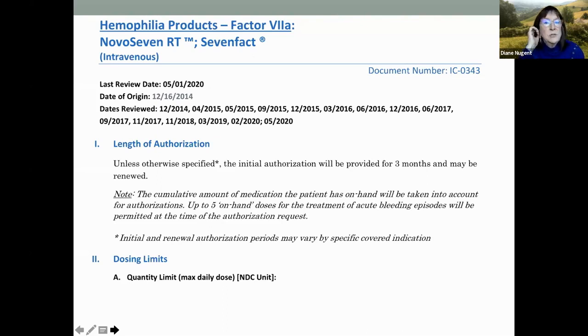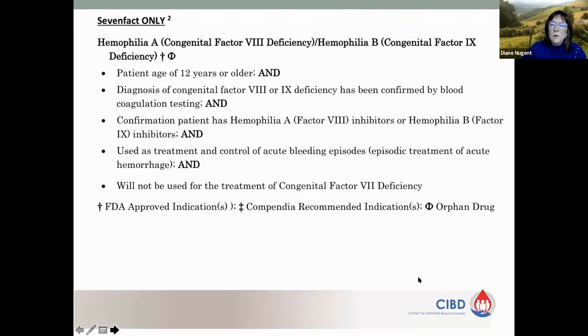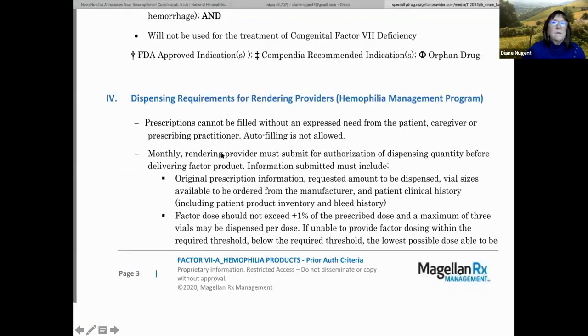This is actually taken from the authorization pages for 7-FACT, because as I said, it is available, it's FDA approved, but I'm going to point out that we have a new way of getting our product authorized here in California. It's by a company called Magellan. So even if you are a state patient, if you would like to use this, we will need to get approval from Magellan, as we will need to get approval from Magellan for all of your prescriptions.